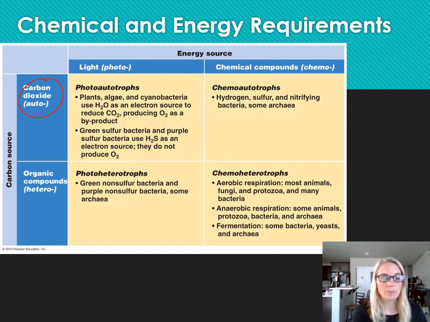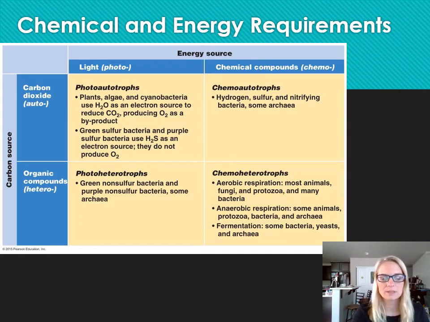In other anabolic pathways, that carbon comes from organic molecules like glucose or proteins or fats or nucleic acids or whatever. So those carbons are not carbon dioxide. It's basically other organic molecules besides CO2. All right, so that's what we're talking about, the energy source versus the carbon source.